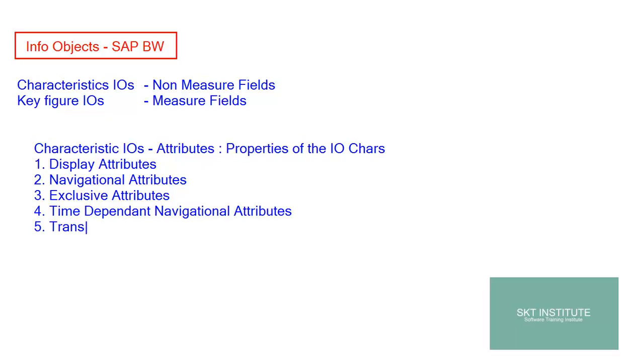Transitive attributes. Compounding attributes. So these are the different types of attributes here. Let us see how to create info object characteristics followed by attributes.